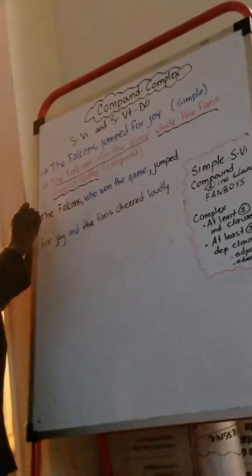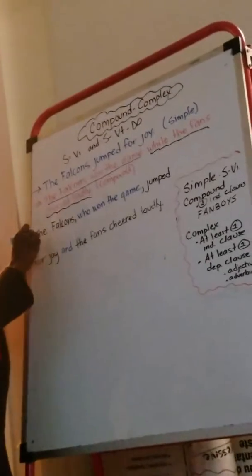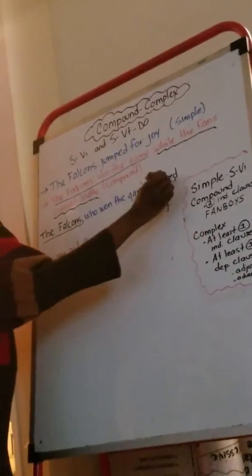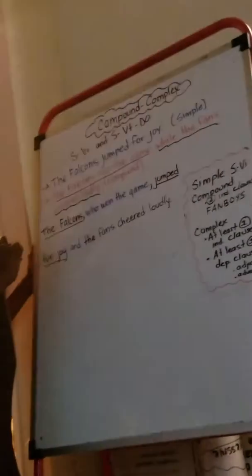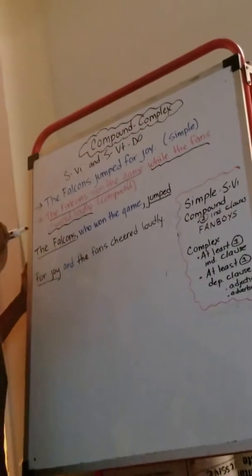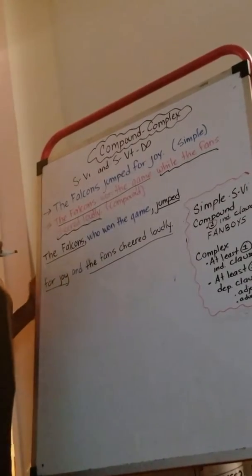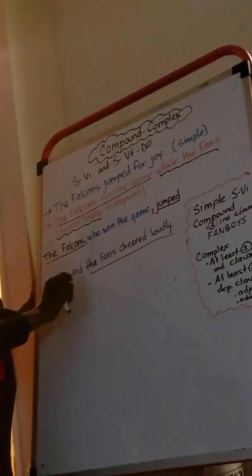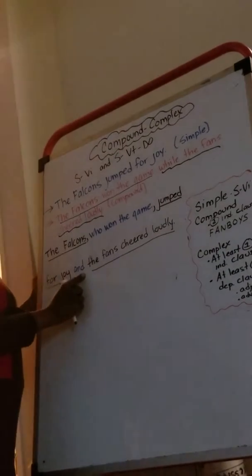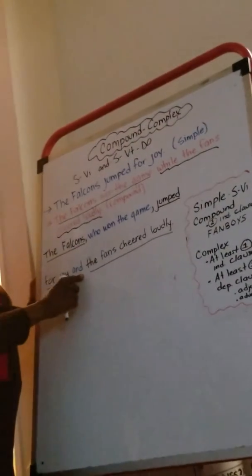I color coded them so that you could see the different parts of the sentence. My first independent clause would be the Falcons jumped for joy. My second independent clause would be the fans cheered loudly. They are combined with the coordinating conjunction, the FANBOY.